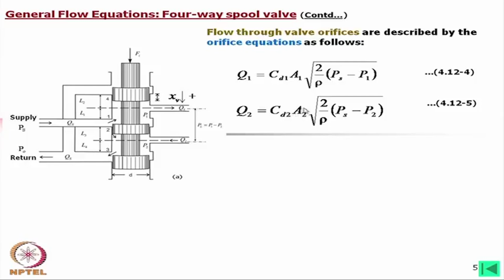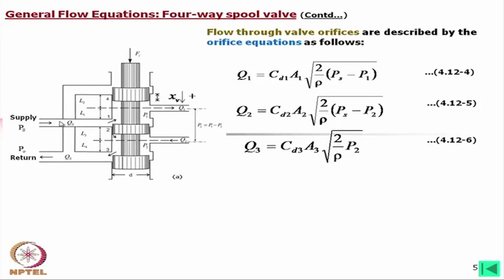In this case, again the A2 might be only the clearance area when it is in this form. So, basically this will be a leakage flow, and Q3 is CD3 A3 root of 2 by rho P2, because P0 we may consider equal to 0.